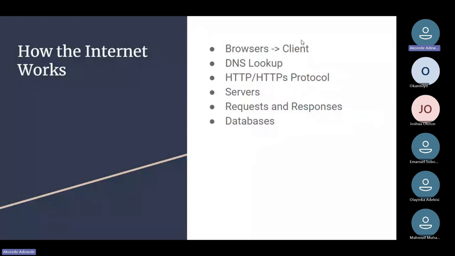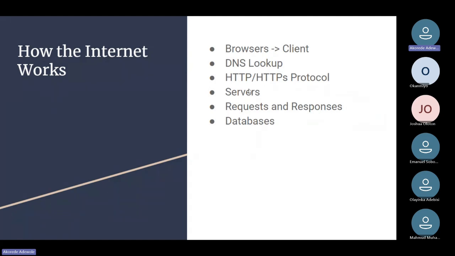When they're on the browser, they hit a certain URL, a particular website that they want to visit. The browser does a DNS lookup, which is a way of taking the string like www.microsoft.com into the location of the actual server, which we'll talk about soon enough.